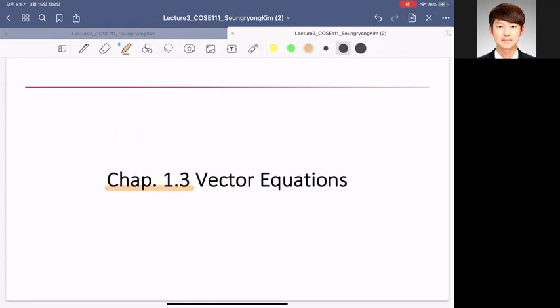Before that, on Tuesday and Thursday this week, we will have a homework covering chapter 1.1 to chapter 1.4. That's the announcement. So let's move to chapter 1.3, vector equation.